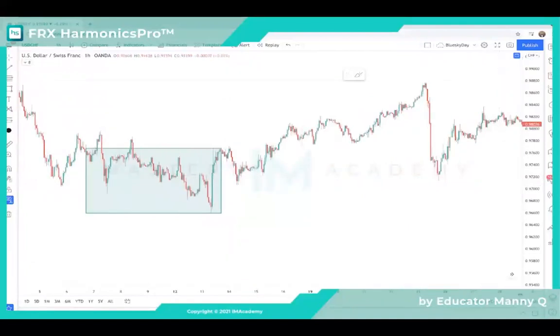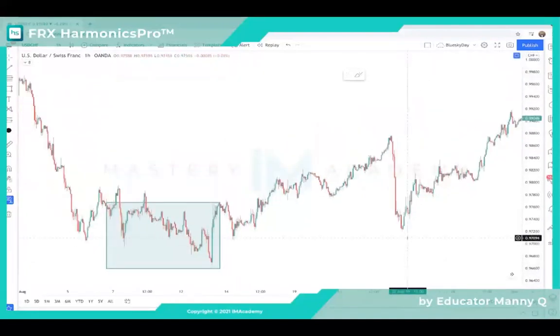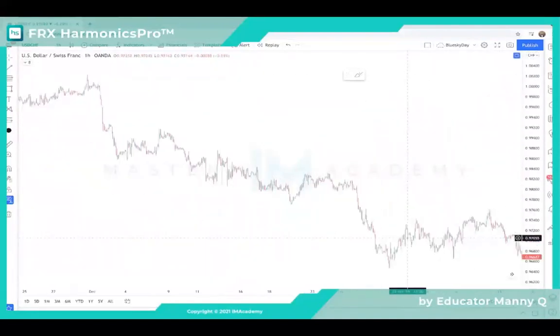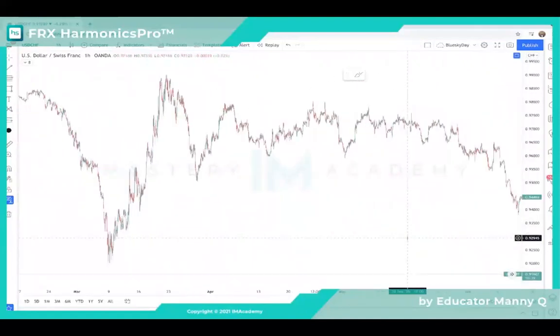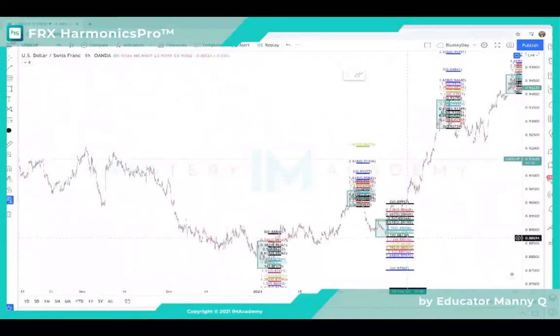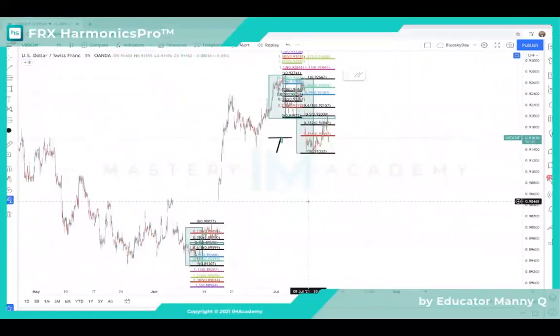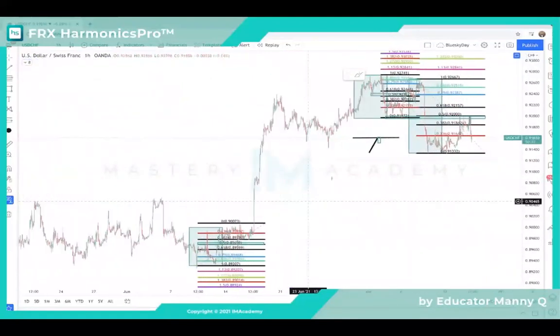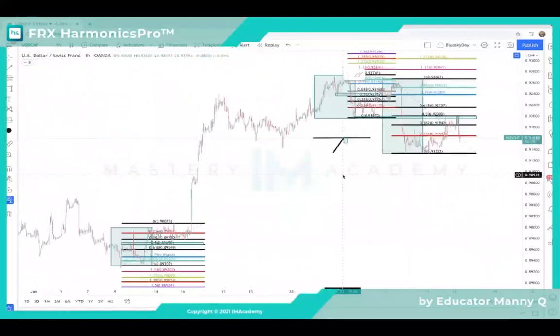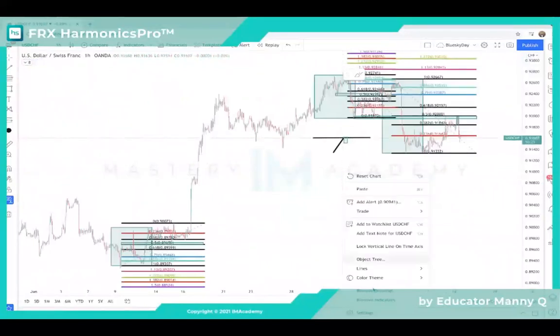Let's come back to current price levels just so we can keep this more related. We're way too far back. Let's remove all drawing tools from this chart.